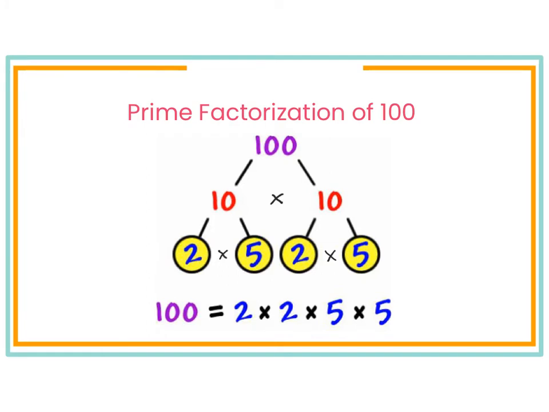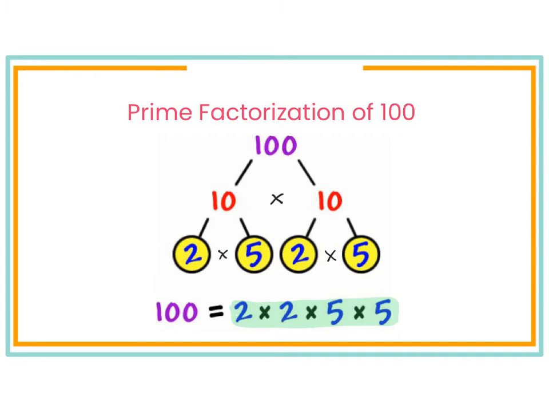Notice how, again, the prime numbers are written in order from least to greatest. Two times 2 times 5 times 5.